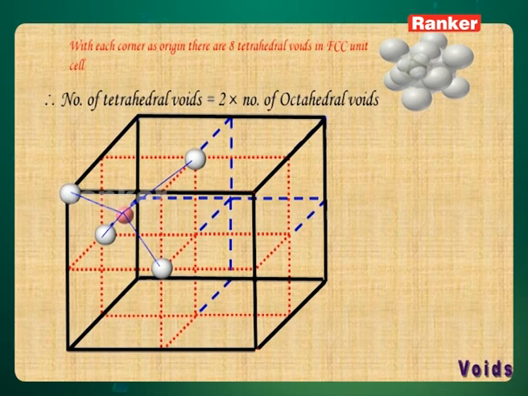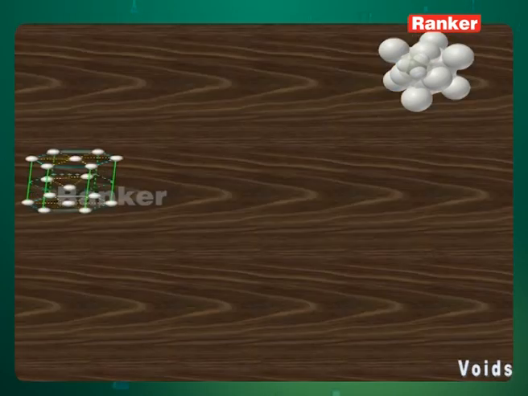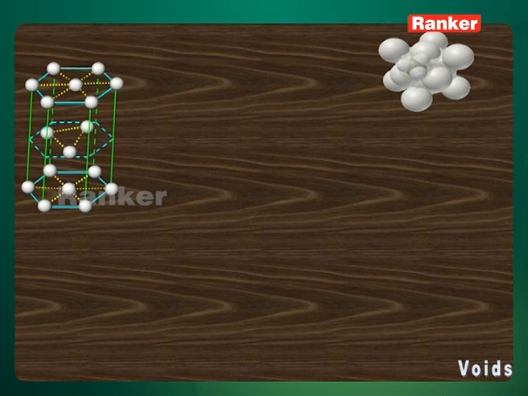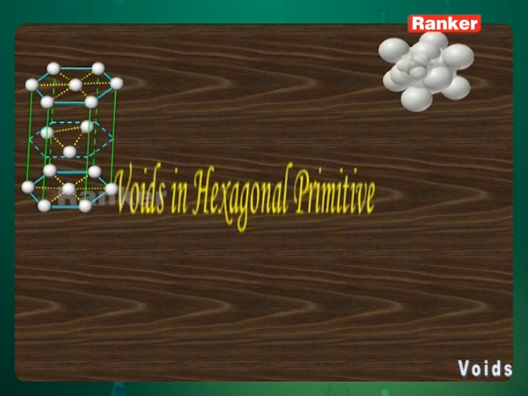We have 4 body diagonals in total, and along each body diagonal we have 2. So the number of tetrahedral voids is equal to 2 into the number of body diagonals, that is 2 into 4, 8. So in total, the number of octahedral voids is equal to the rank, and the number of tetrahedral voids is equal to 2 into the rank of the unit cell.